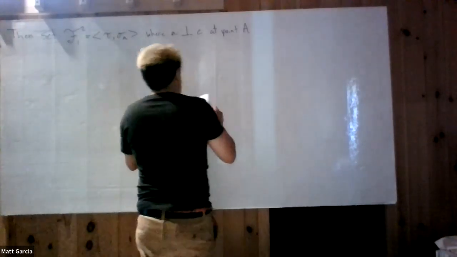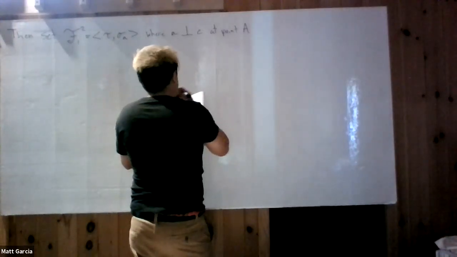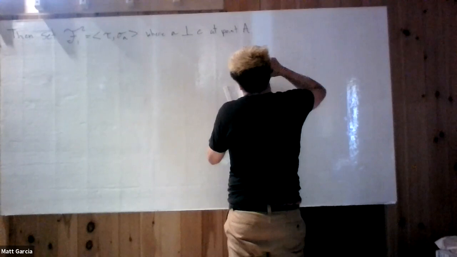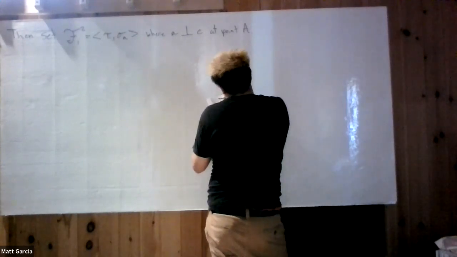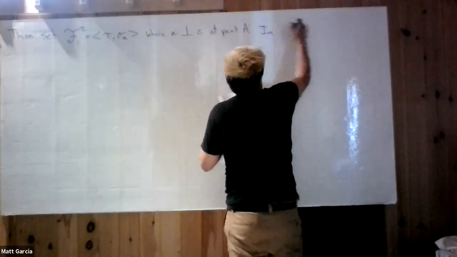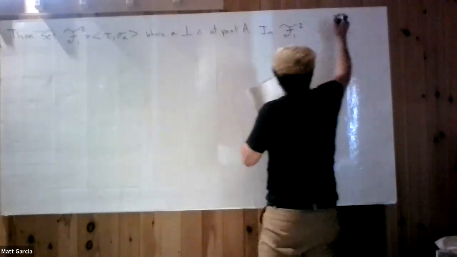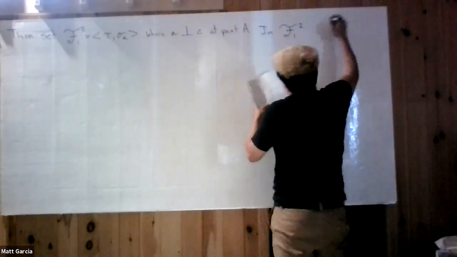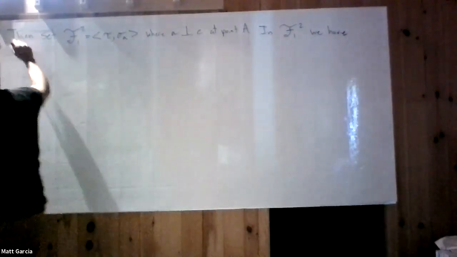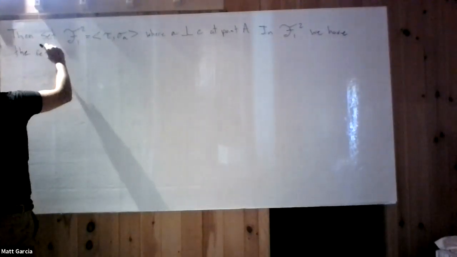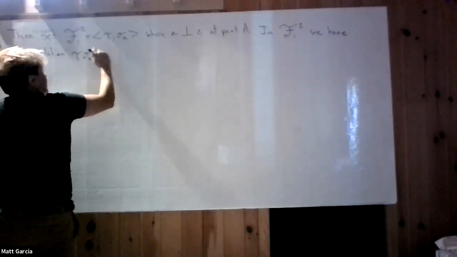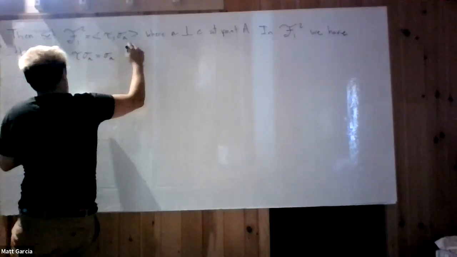Okay, so again, we have this relation. In F12, we have the relation tau sigma A is equal to sigma A tau inverse.